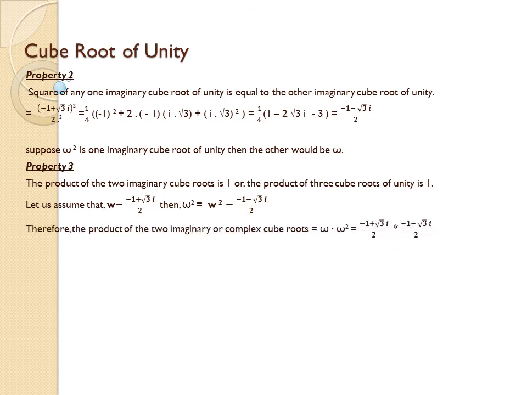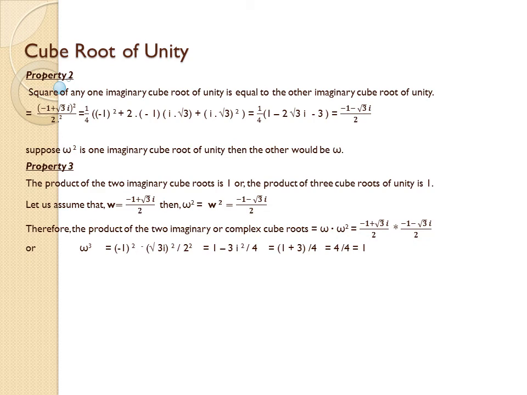Therefore the product of the two imaginary cube roots equals omega into omega squared, that is minus 1 plus root 3 i by 2 into minus 1 minus root 3 i by 2. If I multiply this, omega into omega squared means omega cubed, and these portions will come as a square minus b square, because (a plus b) into (a minus b).